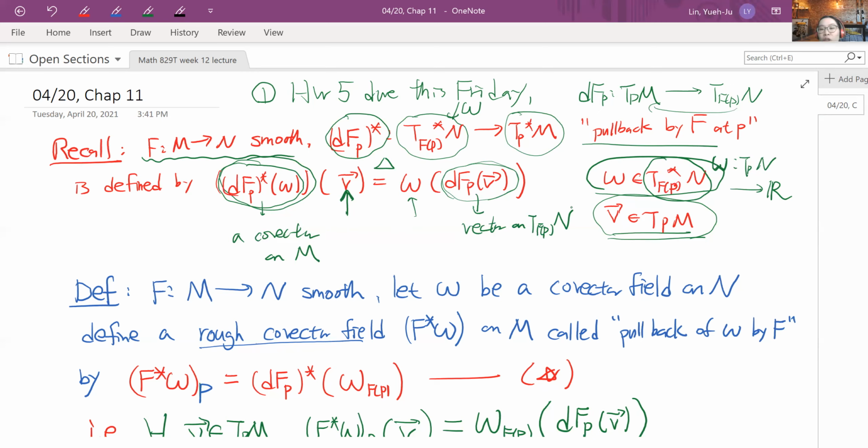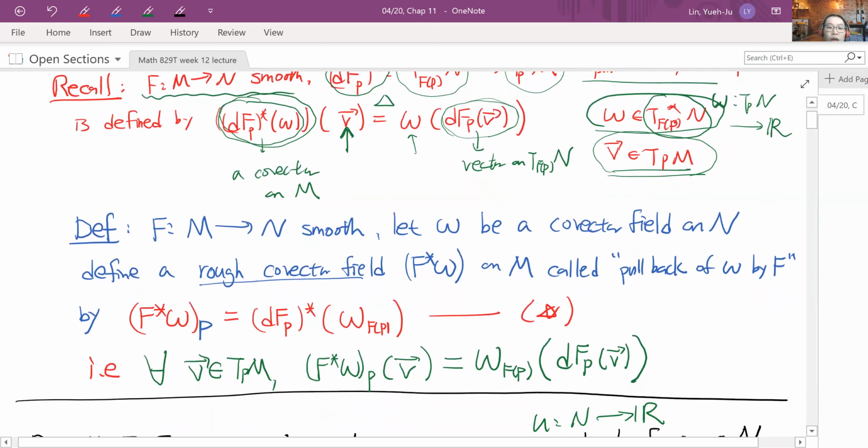So now once we know how to define a pullback of a covector, we can define a pullback of a covector field. The only thing we need to do is that if you give me a point, I want to see how to pull back every covector at different points, right? That's essentially the covector field.